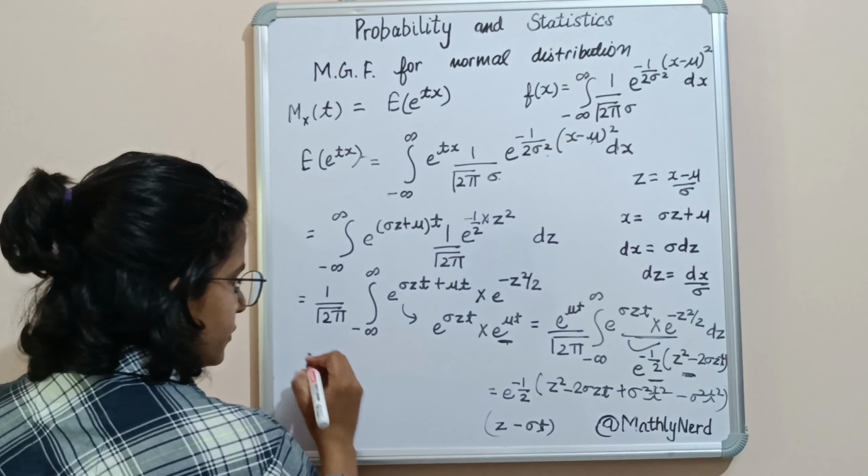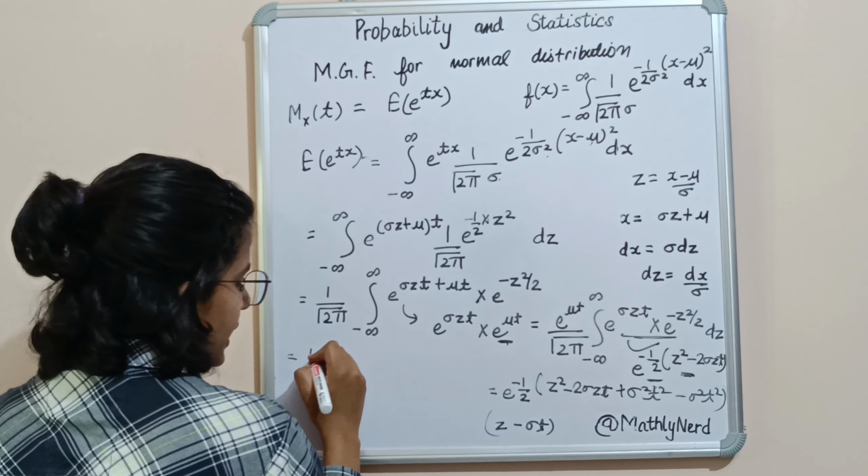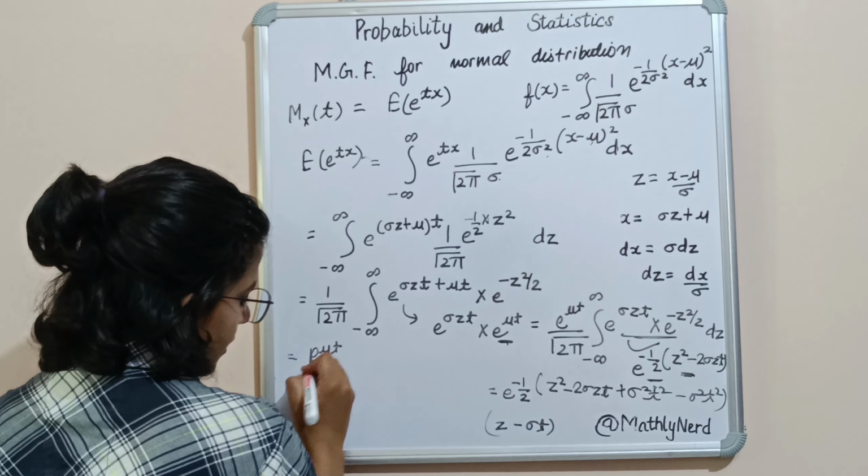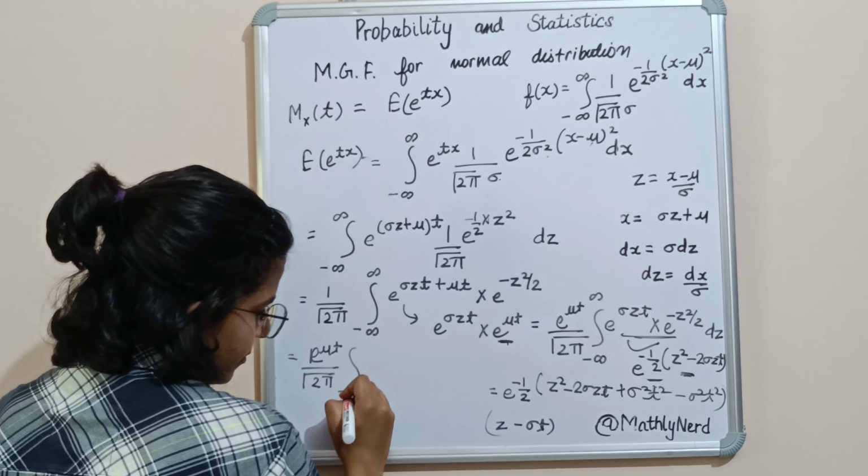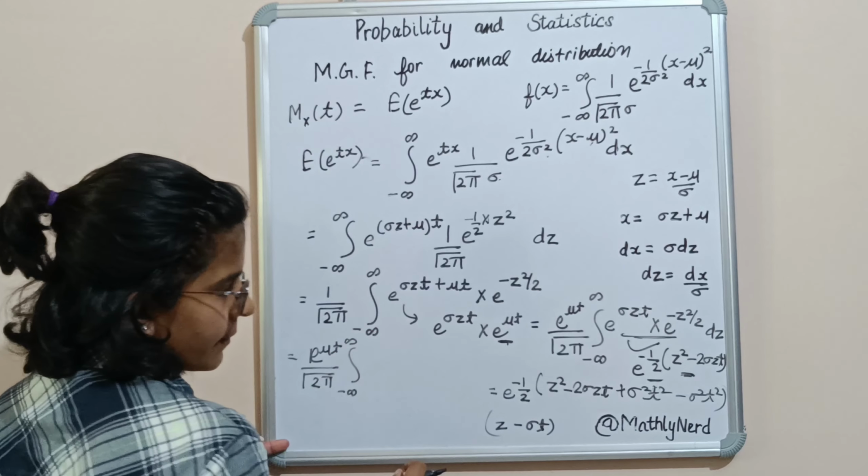So this will be equal to e raised to mu t divided by under root 2 pi, integration from minus infinity to infinity.